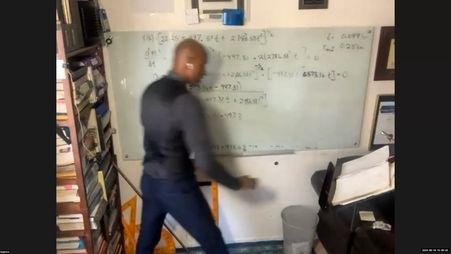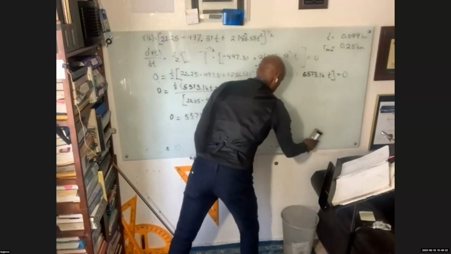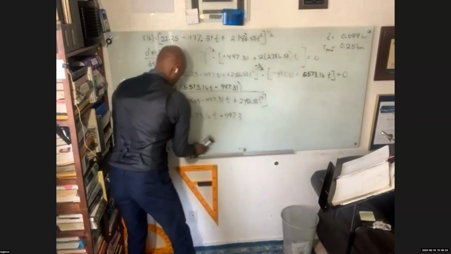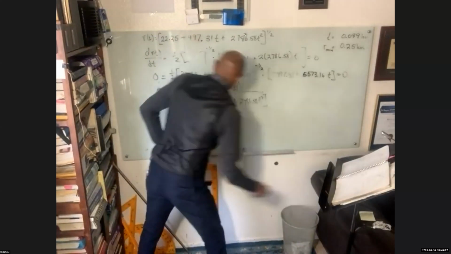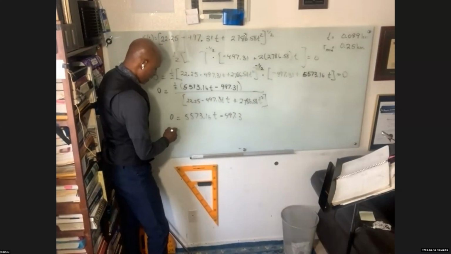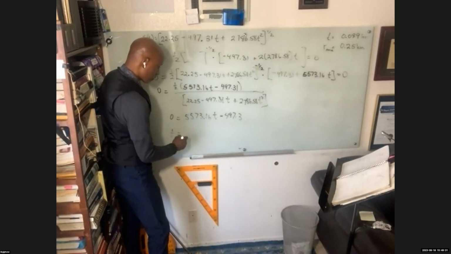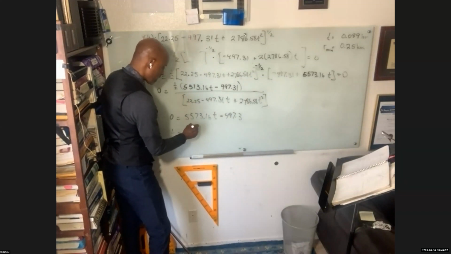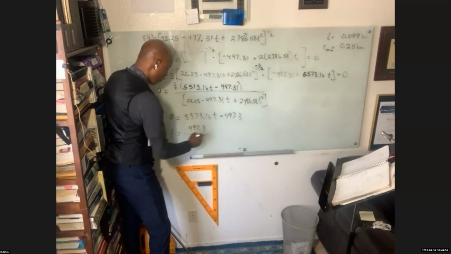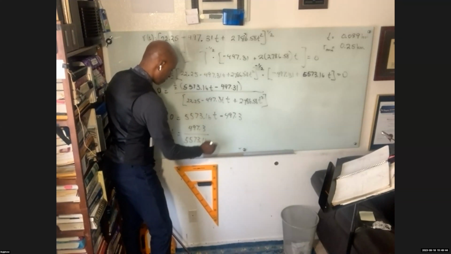Then the next step is just solve for t. So basically t is equal to, the minus sign goes out because I'm bringing that over as plus, 497.3 over 5573.16.